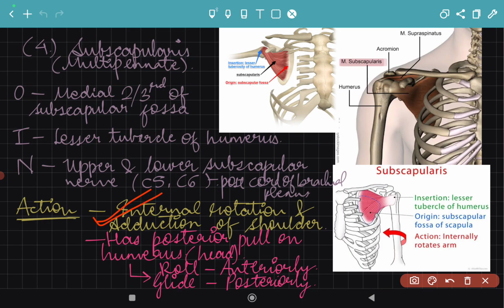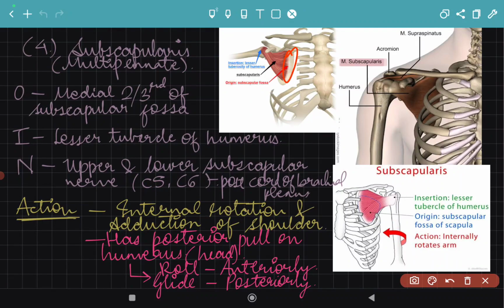Subscapularis performs internal rotation as well as adduction of the shoulder. This is an inner side movement, causing the humerus to be at the side of the body, towards the body, not away from it. So the action is internal rotation as well as adduction of the shoulder.